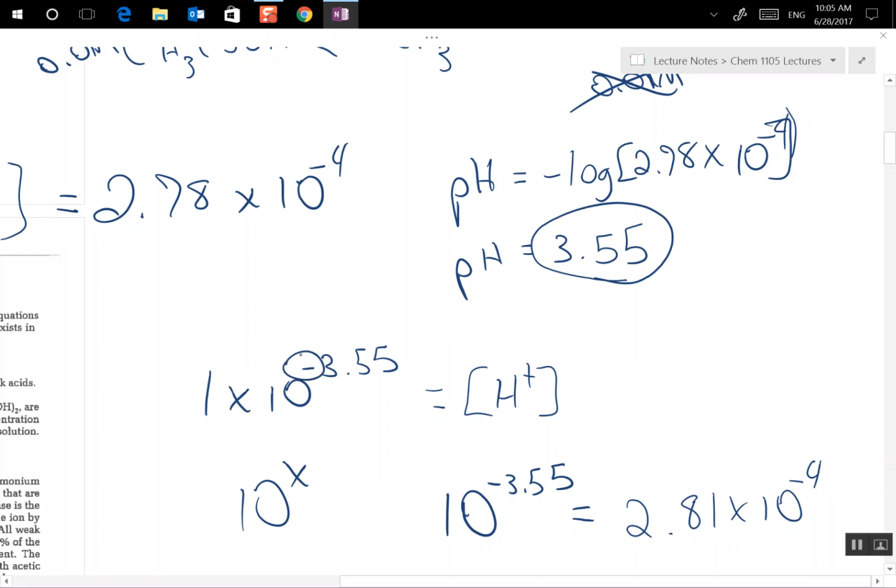Instead, they do 10 to the 3.55. 10 to the 3.55 is going to give you a big number, somewhere close to 1,000, because 10 to the third is 1,000. You don't want 10 to the third. You want 10 to the negative 3.55. You want a small number, not a big number, right? So you need that negative sign to give you that small number back. But the pH itself is written without the negative. So don't forget to put the negative back when you're doing the anti-log.